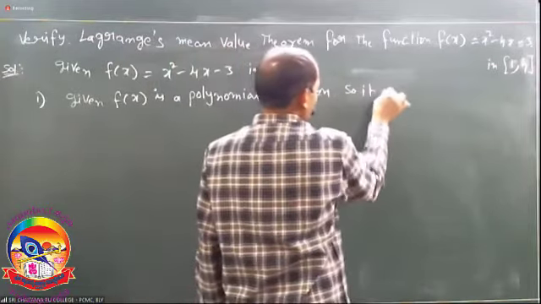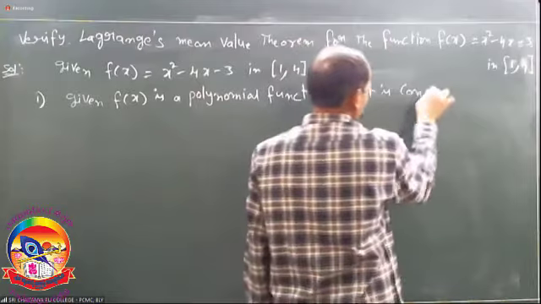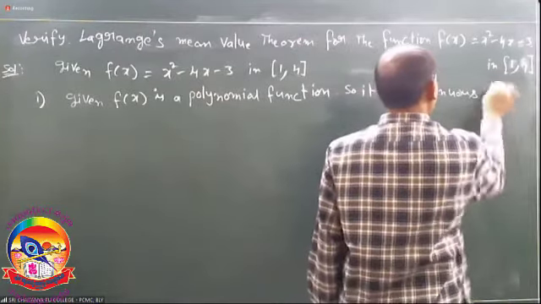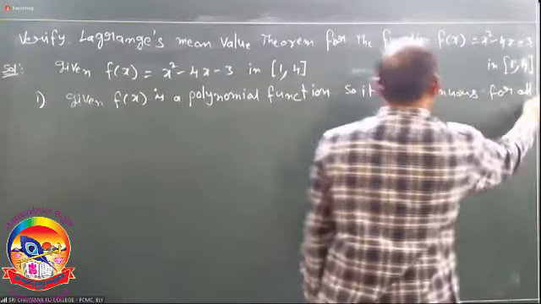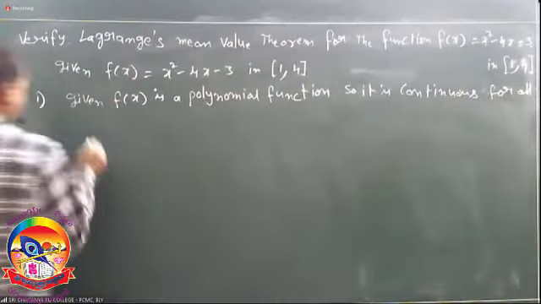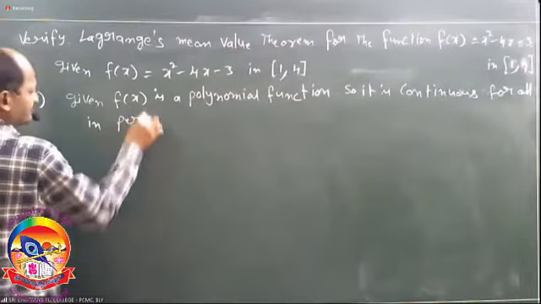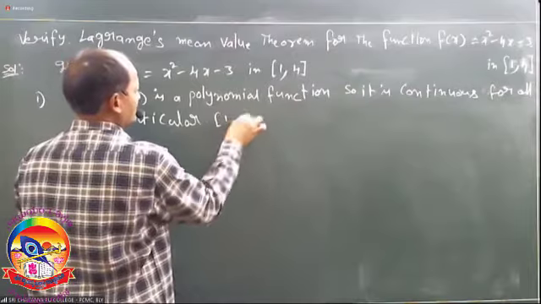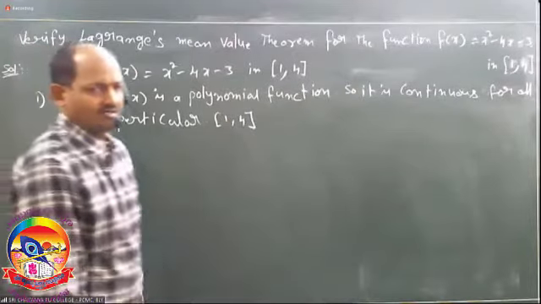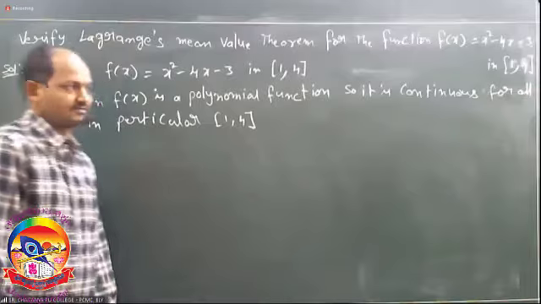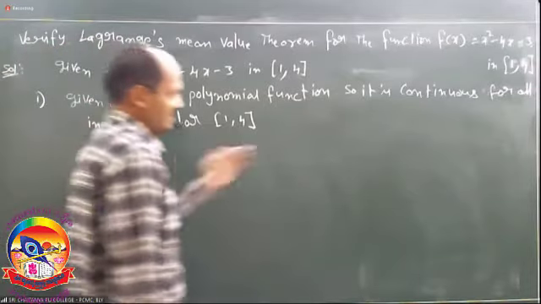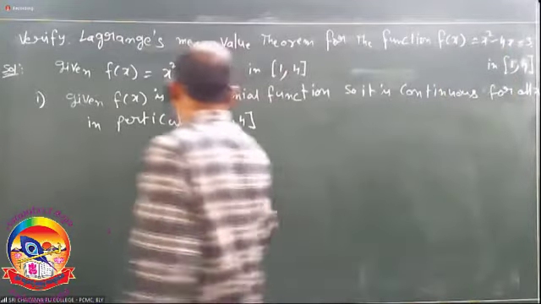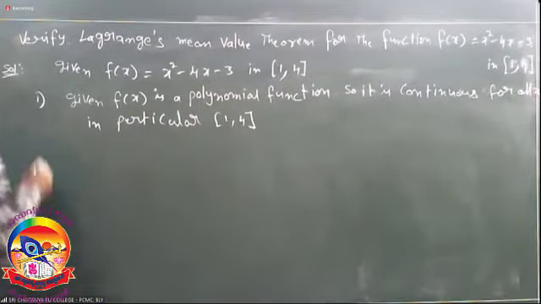So it is continuous everywhere, for all x. In particular, it is continuous on the given interval 1 comma 4 also.